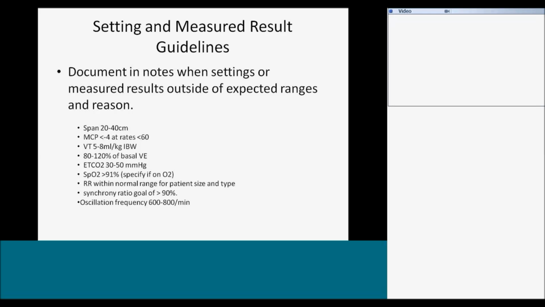Those ranges are the pressure differential or span should always be between 20 and 40 centimeters. So in other words, and again, at least 10 centimeters, but generally normal chest wall compliance and normal lung compliance, that combination, I have found that about 30 centimeters gives you a 6 milliliter per kilogram tidal volume exchange.